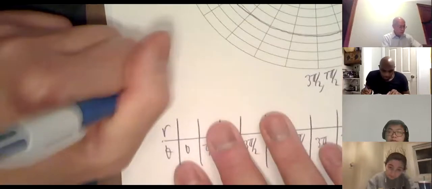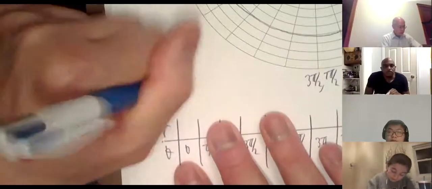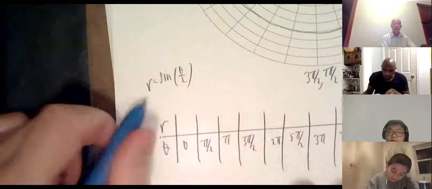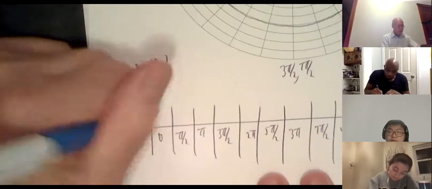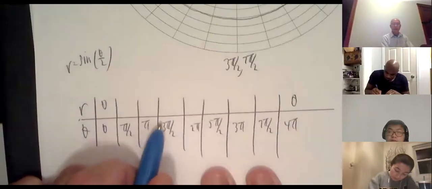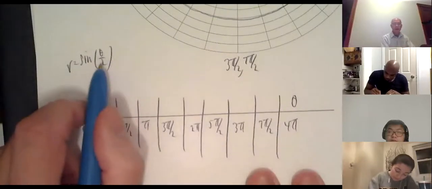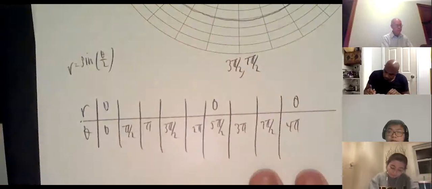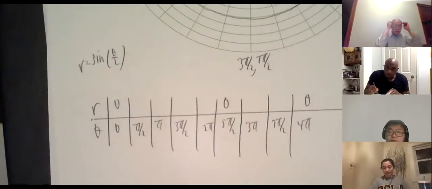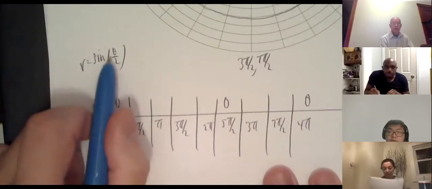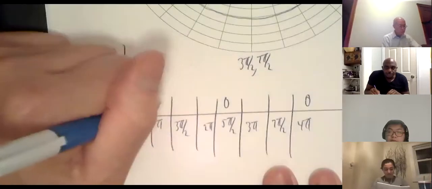Okay. r equals sine theta over 2. Plug in 0, 0, and 0 at the end. And 2 pi divided by 2 is pi, sine of pi is 0. Plug in pi, sine of pi over 2 is 1. Oops, I put this in the wrong spot.